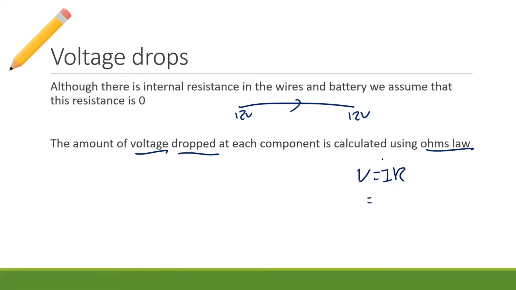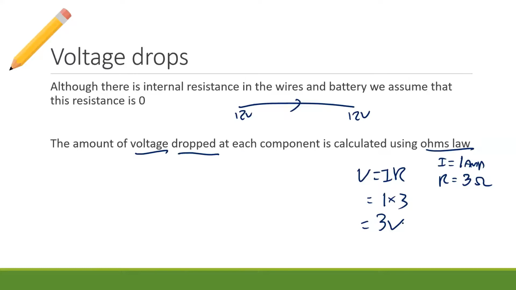If I equals 1 amp and the resistance is 3 ohms, then 1 times 3, I'm going to lose 3 volts. If the current was more, then we would do that. And that's the basics of that.